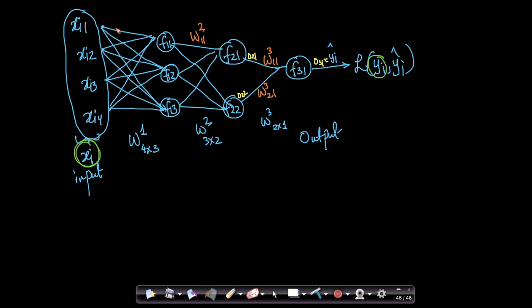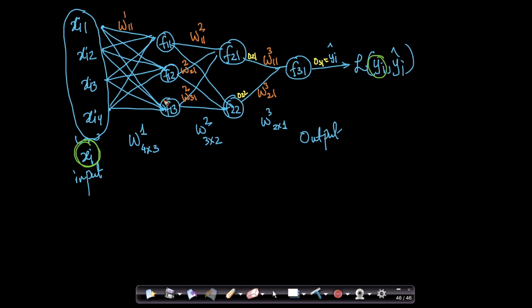This weight here is W1, 1, 1. This weight here is W2, 2, 1. Similarly, this weight here is W2, 3, 1, because it's going from third neuron in this layer to first neuron in the second layer. So that's how we represent these weights.